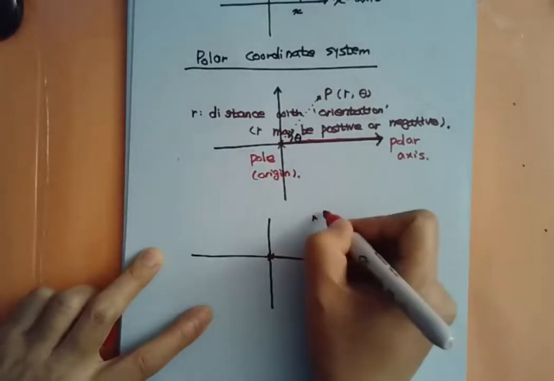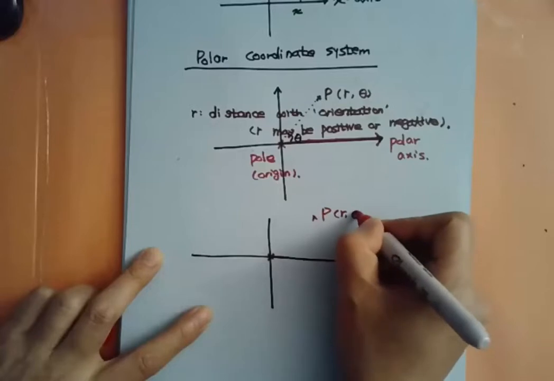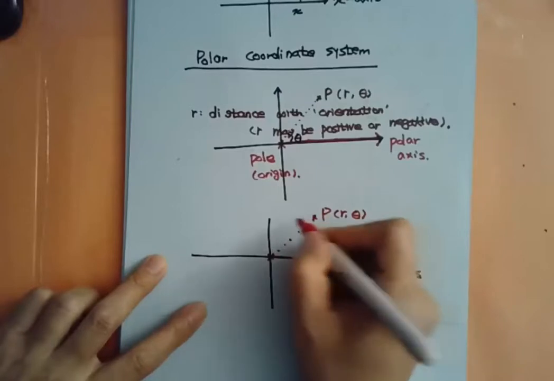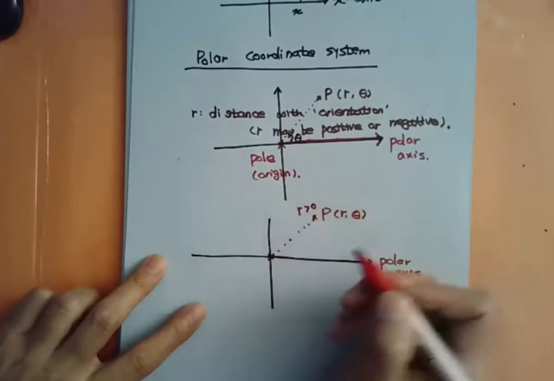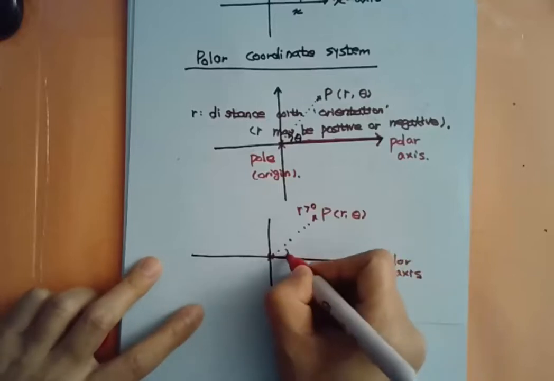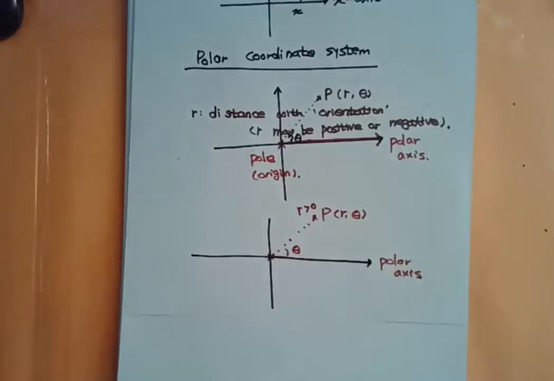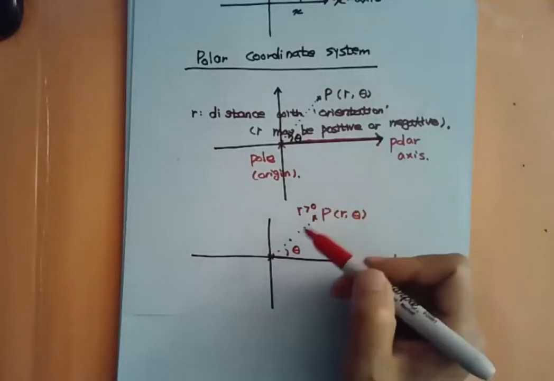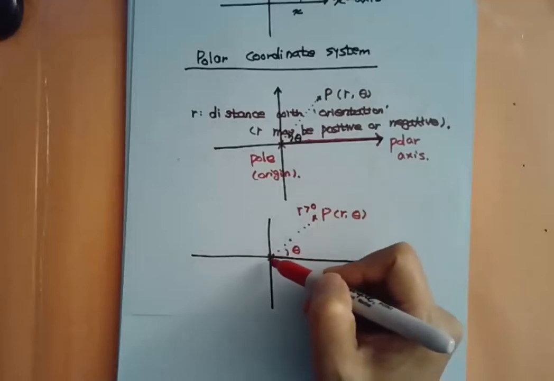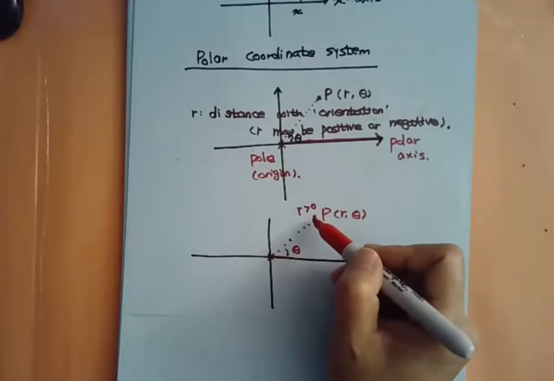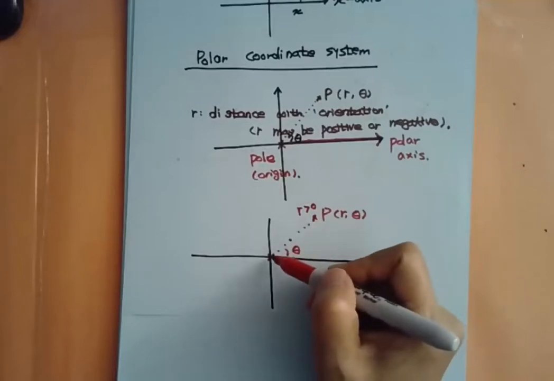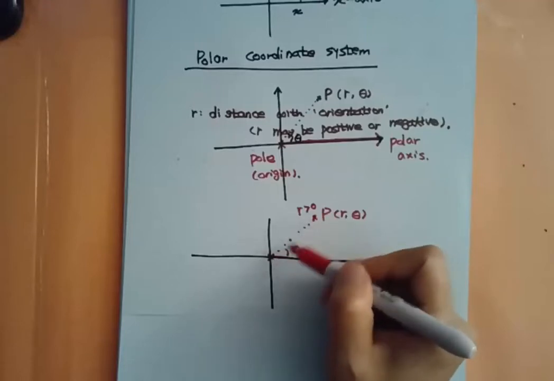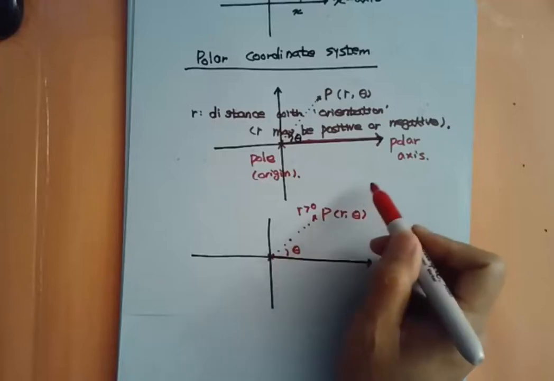Let's say there is a point P, which is denoted by r and theta, and let's assume that r is greater than 0. And this angle is theta. So r is greater than 0, and that is exactly the distance between the origin and that point. And the other information it is carrying is that it is plotted toward the angle direction.